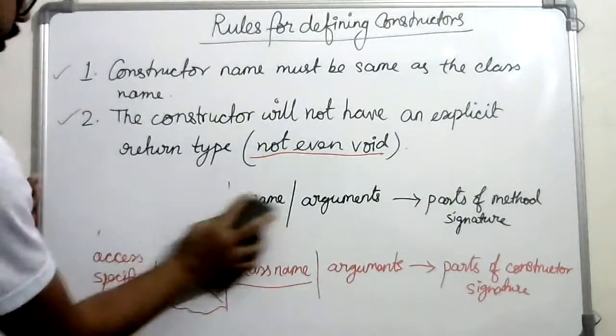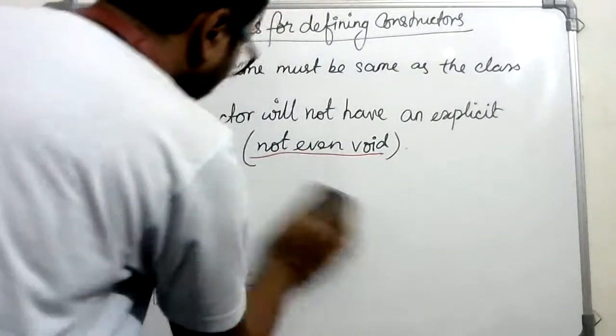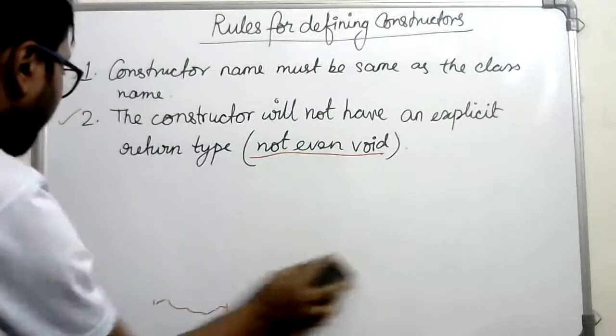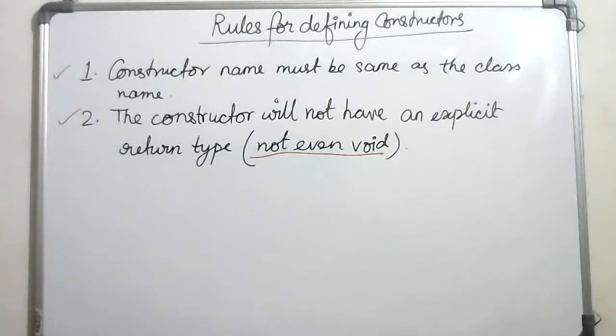This brings us to the third rule, which tells us which access specifiers cannot be used with a constructor.